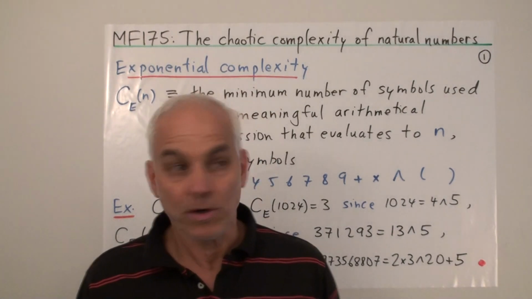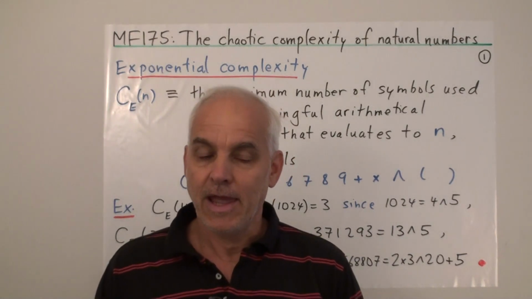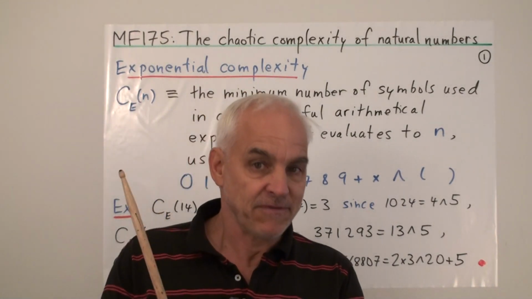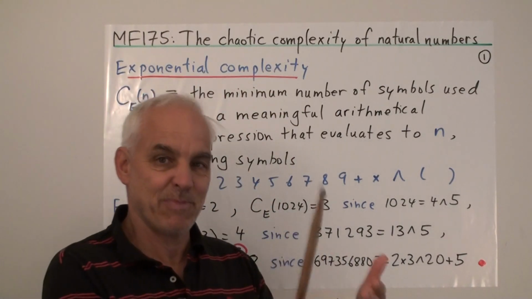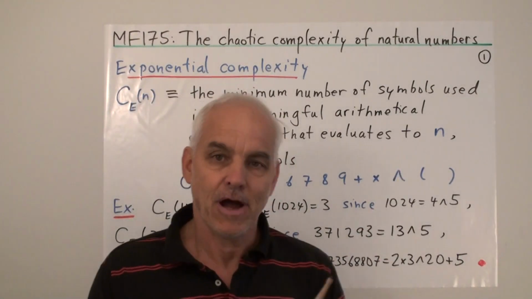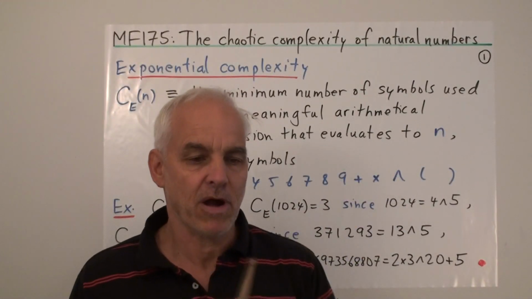In today's video we're going to look at this concept of complexity of natural numbers, and in fact we're going to look at a couple of different versions of complexity, one associated to the exponential operation, the other associated to the triangular operation, sort of one step up.